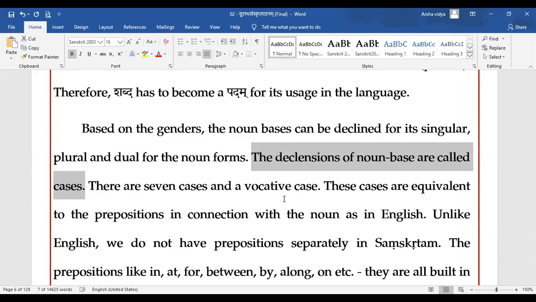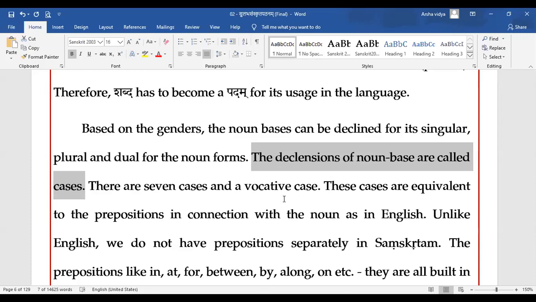For example, if Rama is a subject, Rama. If Rama is an object, we will add another suffix that will give the meaning that Rama is the object. If Rama is the means by which the action is accomplished, like in the sentence, Ravana is killed by Rama, so, by Rama, for that we have a Namapadam.